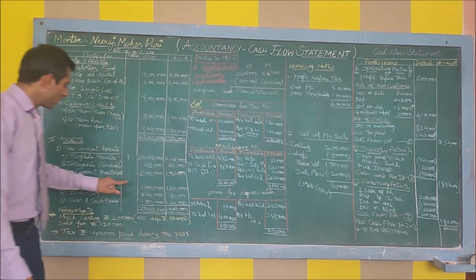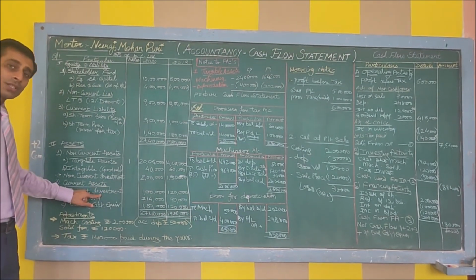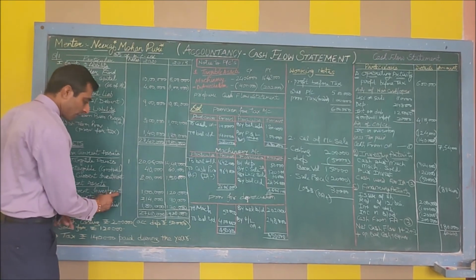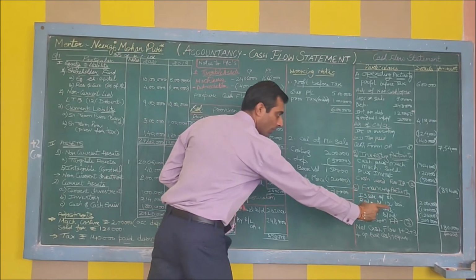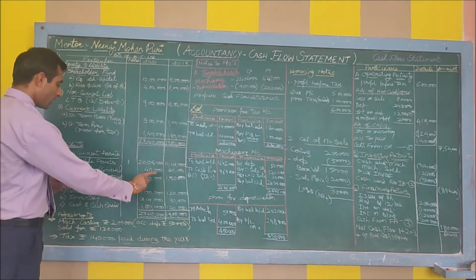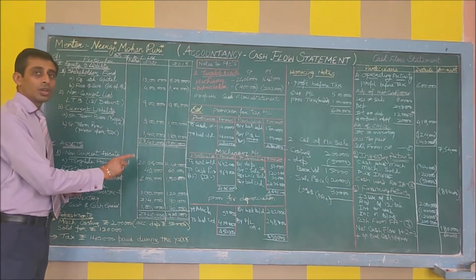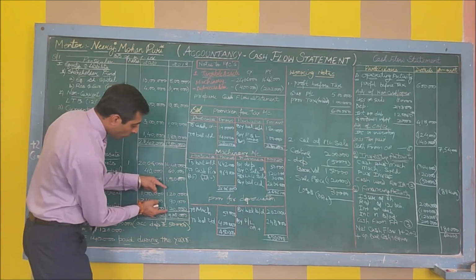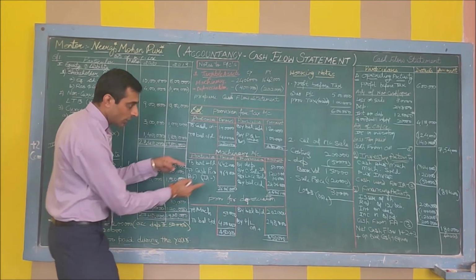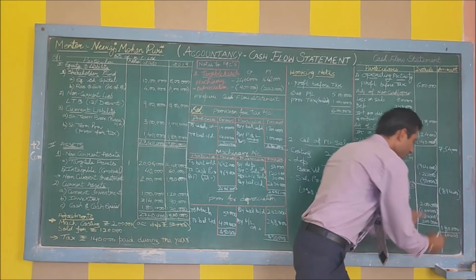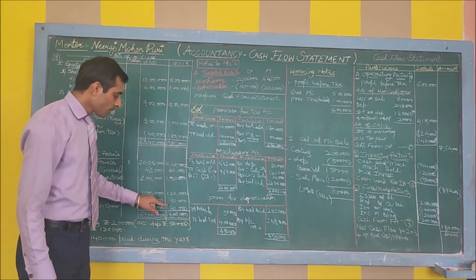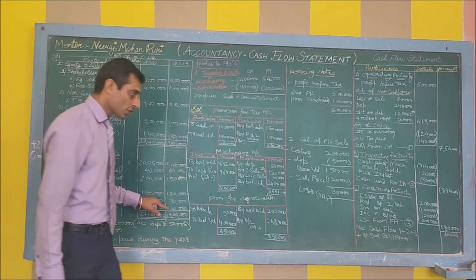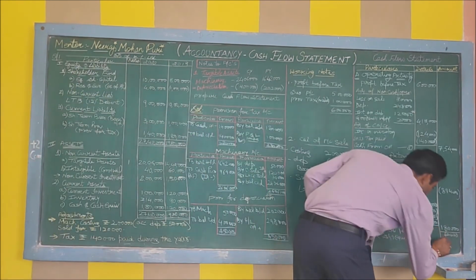Even in this question, we have current investments. If current investments are not given in our question, you will copy this answer here. If they have given any current investments, marketable securities, then you will copy and paste the total of both these items here. So we have 1,20,000 for current investments and 1,20,000 for cash. The total of both is 2,40,000.